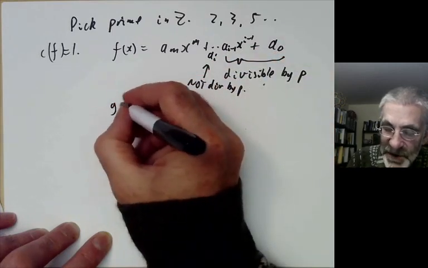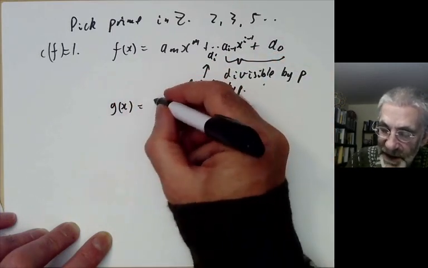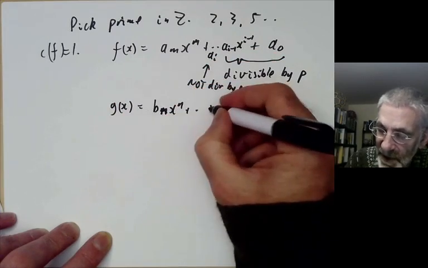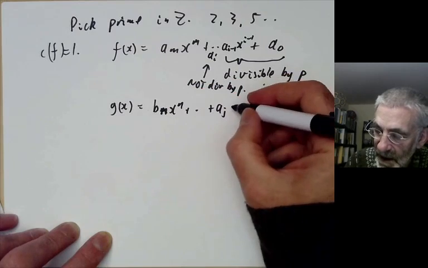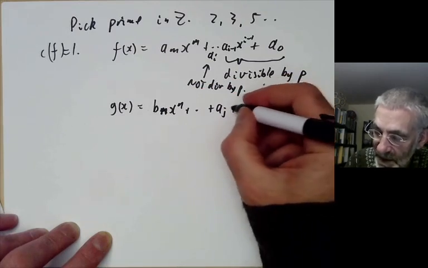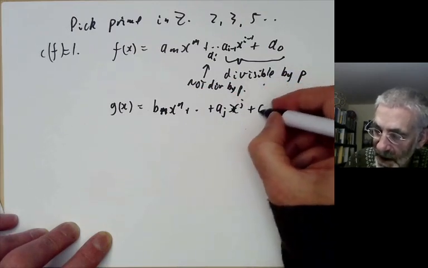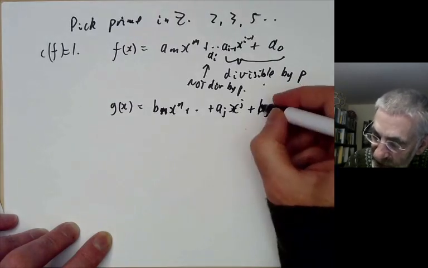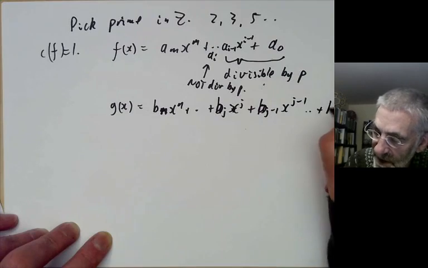And let's do the same for g(x). So we might write g(x) is equal to b_n x^n plus up to b_j x^j plus b_{j-1} x^{j-1} plus, so these should be b's, plus b_0.